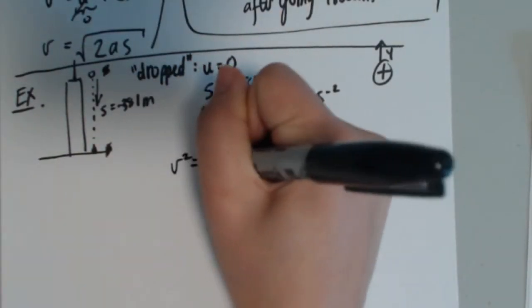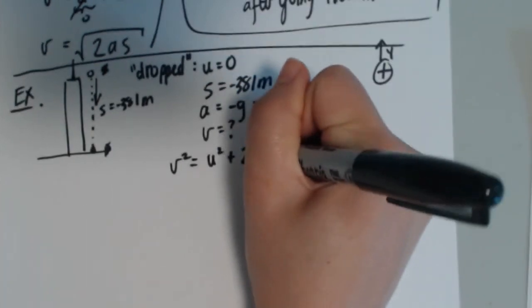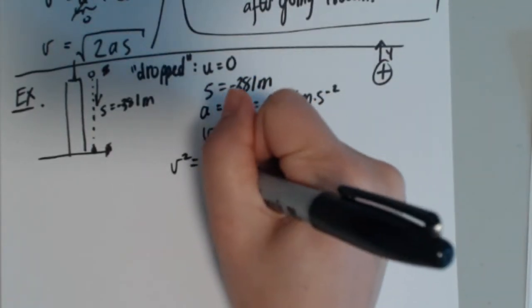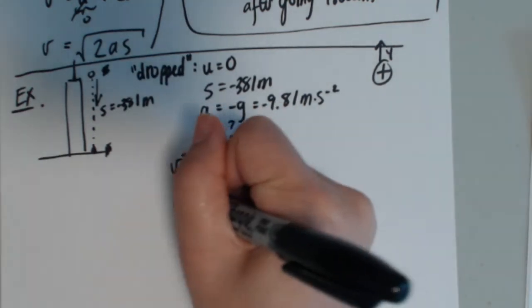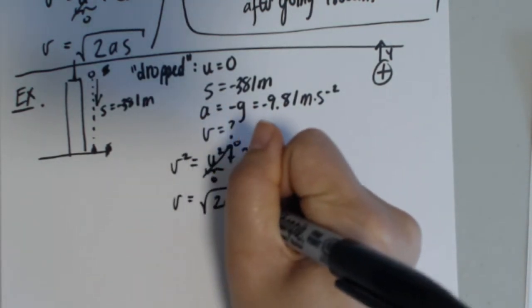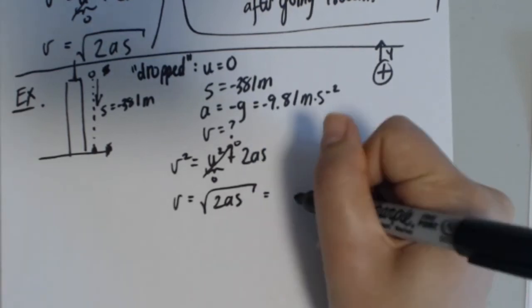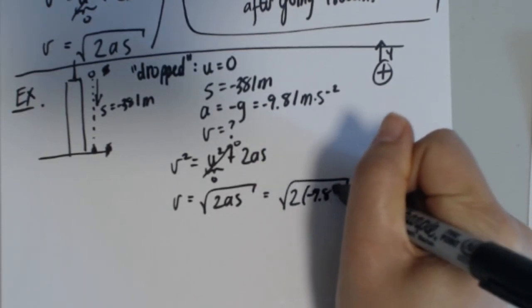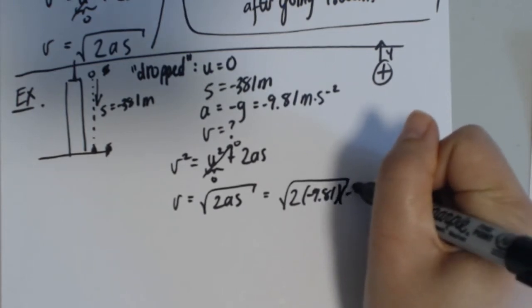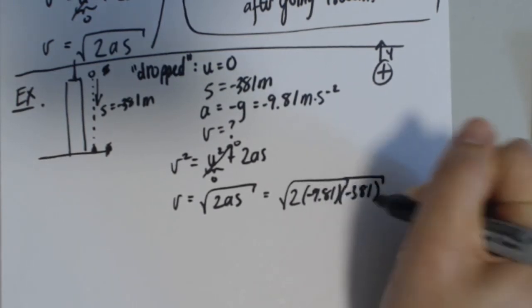So V squared is equal to U squared plus 2AS. U is 0, so that disappears. V is equal to the square root of 2AS. So square root of 2 times negative 9.81 times negative 381.